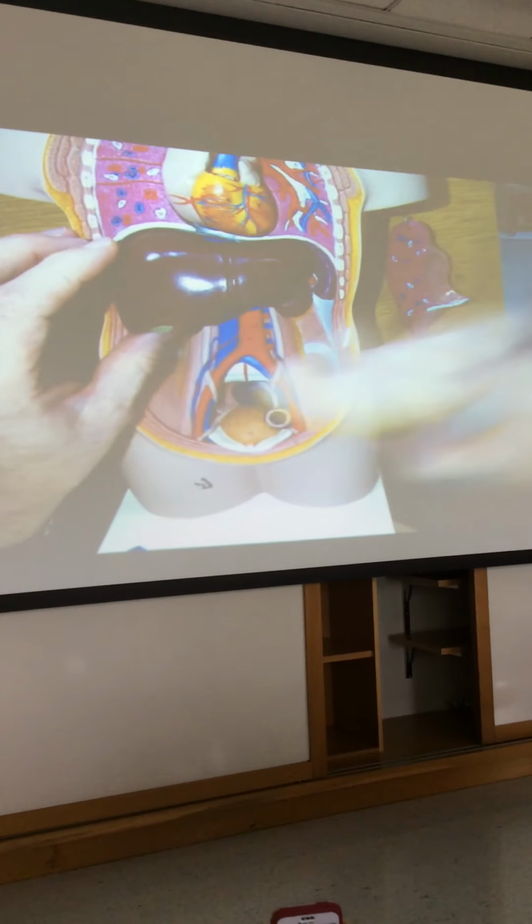This is the sagittal face model. Some things on here that you need to know. Let's see.